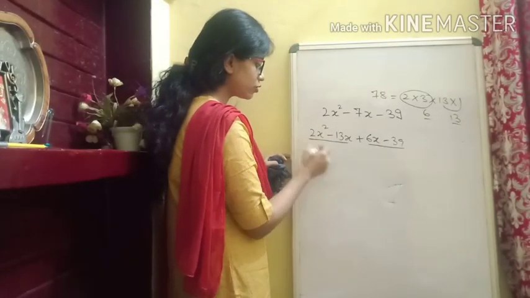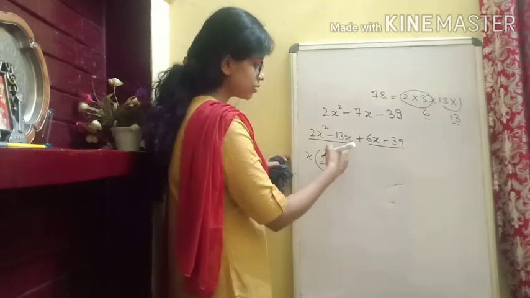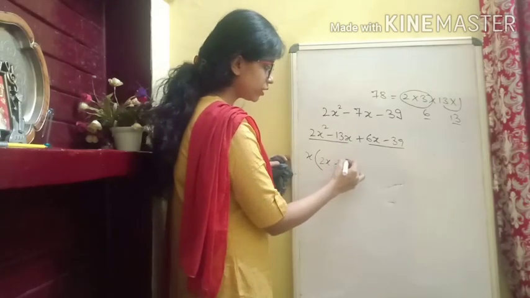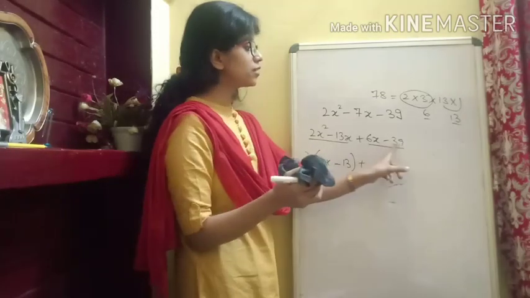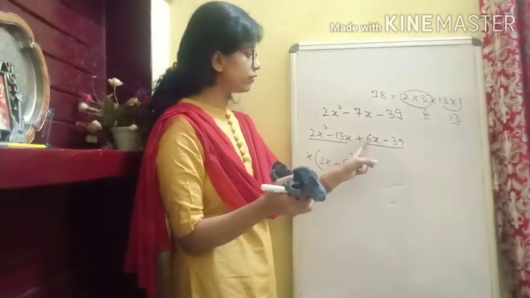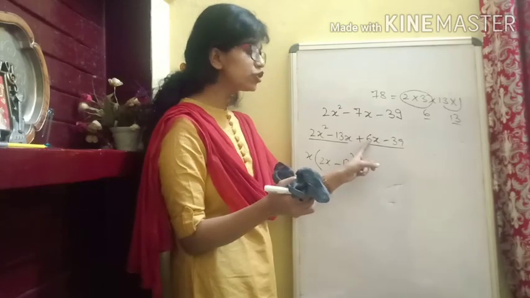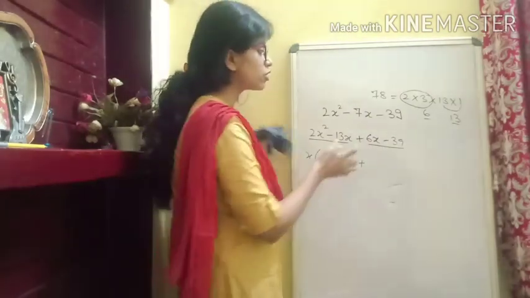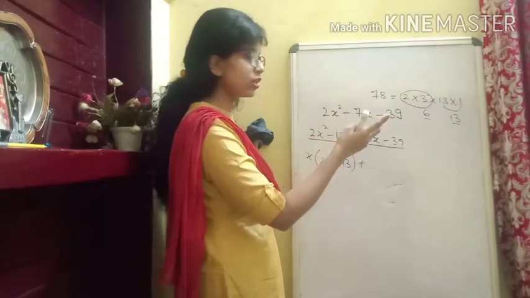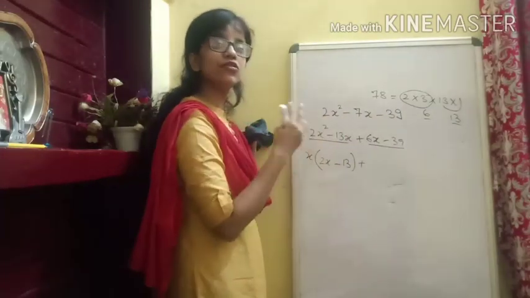What are we left with? 2x minus 13, x is common. Okay. From these 2 terms, if you see 6 and 39, what is common? Not 2, 3 you can take as common, because 6 is actually 2 into 3 and 39 is 3 into 13.